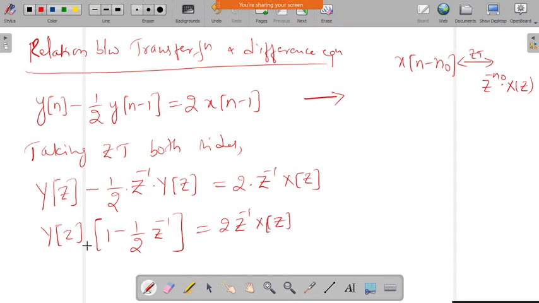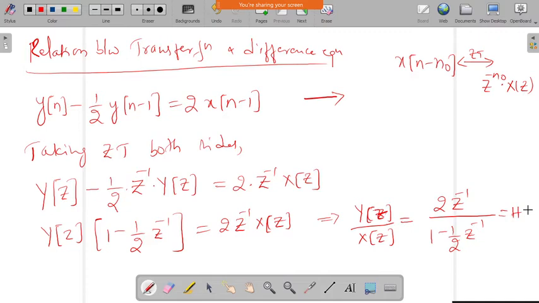Now take this x of z and send it to this side, so that it will give y of z divided by x of z, which is equal to 2 into z inverse divided by 1 minus half into z inverse. Okay. Now this is nothing but our transfer function, that is h of z. That is the ratio of y of z by x of z, we know. So that ratio gives the transfer function h of z.